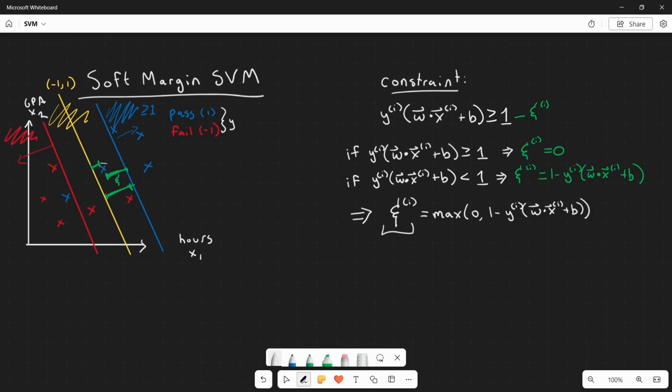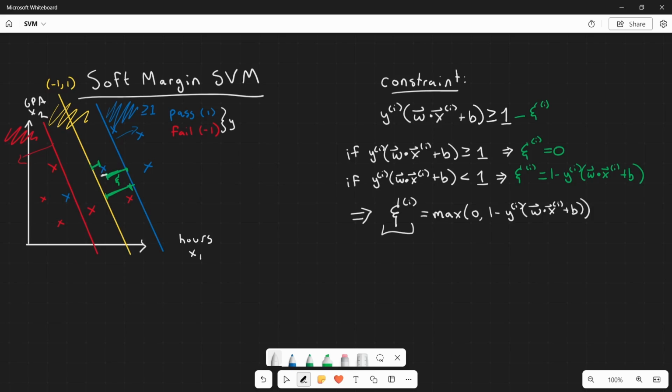So say we're considering either this point or this point, the slack should be equal to the max between 0 or 1 minus that distance from the decision boundary. So if the distance from the decision boundary in units is greater than 1, then we would have a max of 0 and 1 minus something greater than 1, something like 2 maybe. Then this would result in a negative 1, and the maximum of that would be 0. So this point would need no slack.